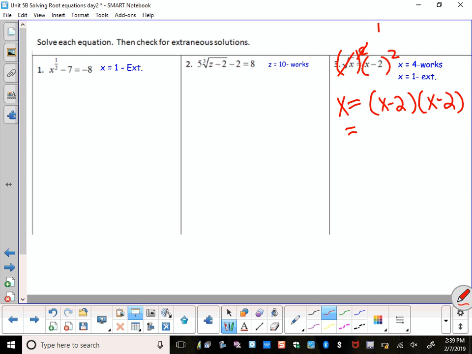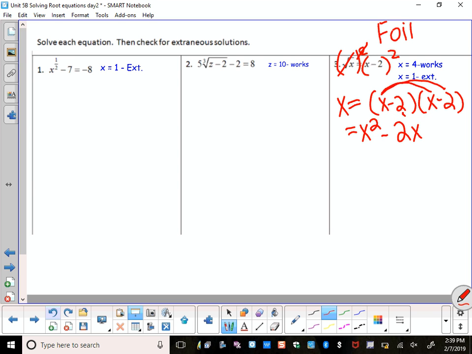Remember FOIL? First, outer, inner, last. You multiply x times x, you get x squared. Your outer is x times negative 2, you get negative 2x. Your inner is negative 2 times x, so negative 2x. And then your last is negative 2 times negative 2, which is positive 4.